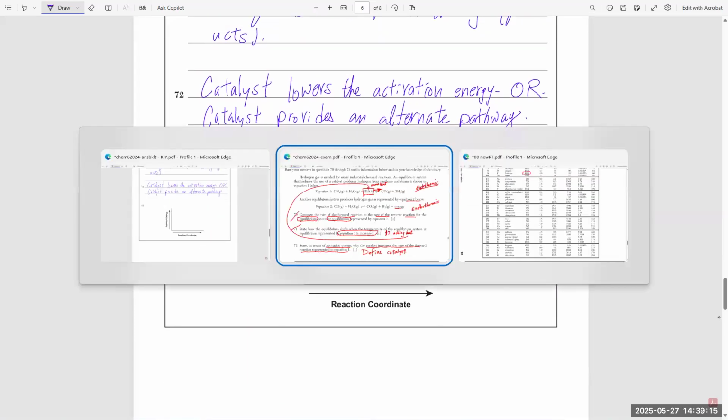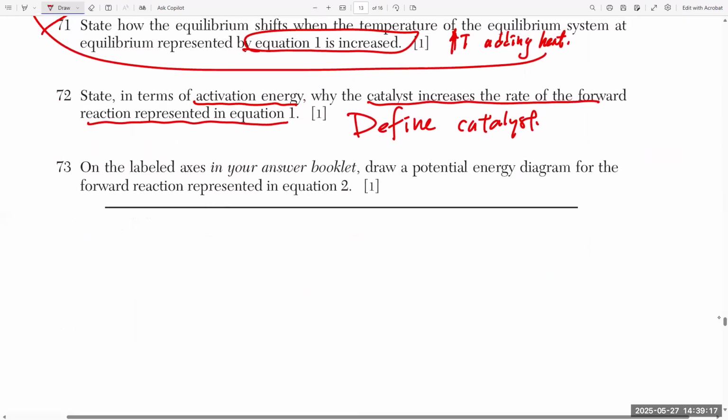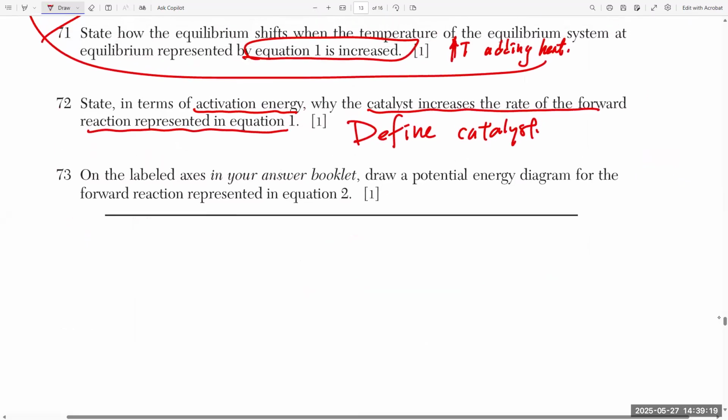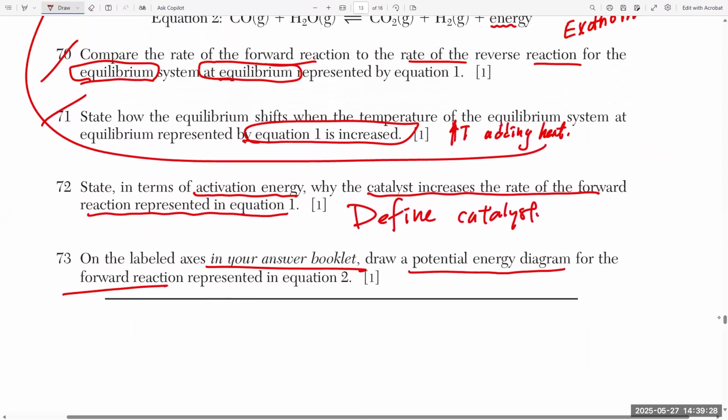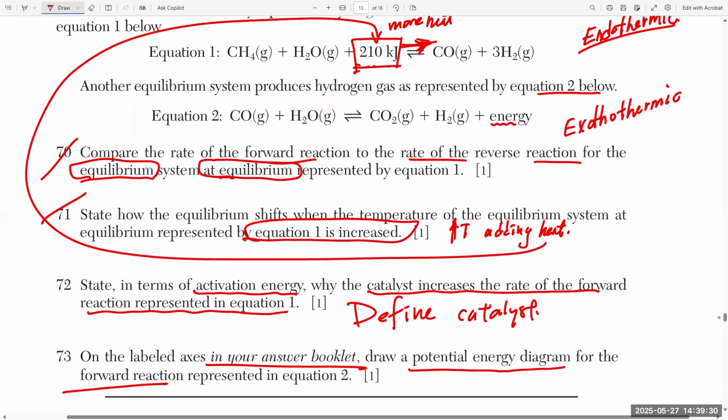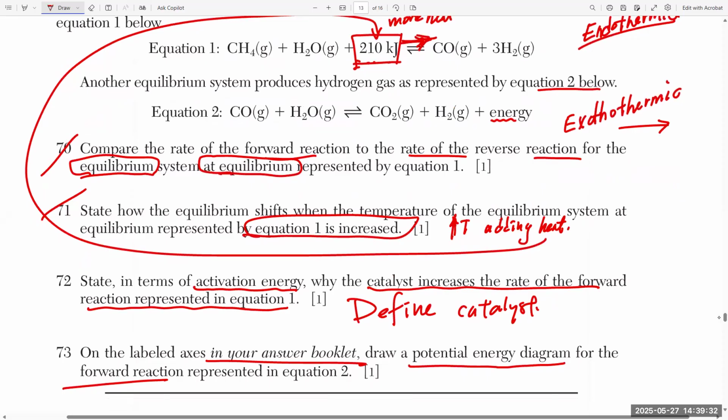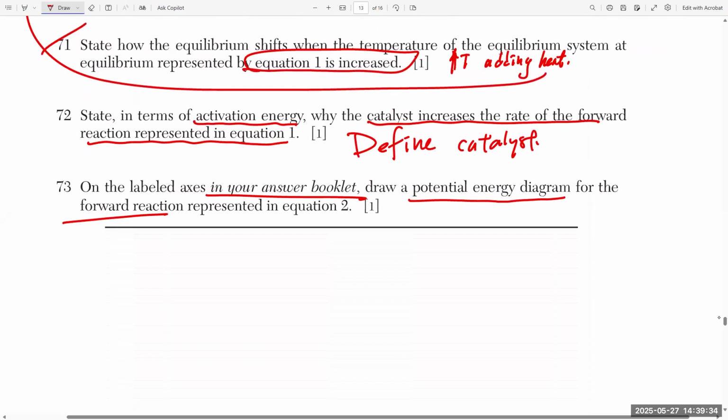Number 73. On the labeled axes in your answer booklet, draw a potential energy diagram for the forward reaction represented in equation 2. Let's look at equation number 2. Equation number 2 is an exothermic reaction going forwards, right? So again, this is something that you just have to remember. Exo, endo, right?